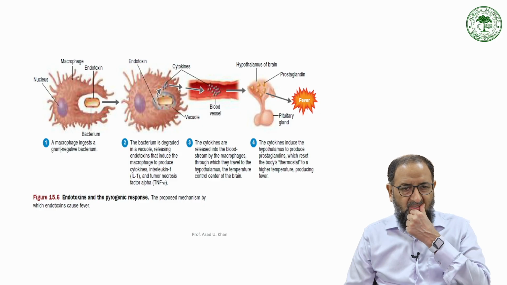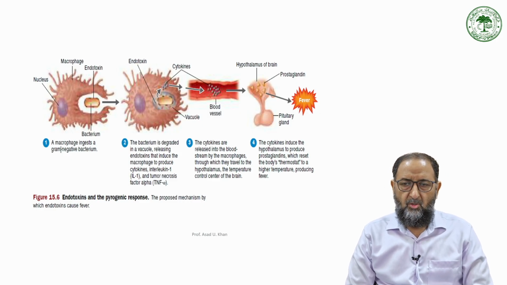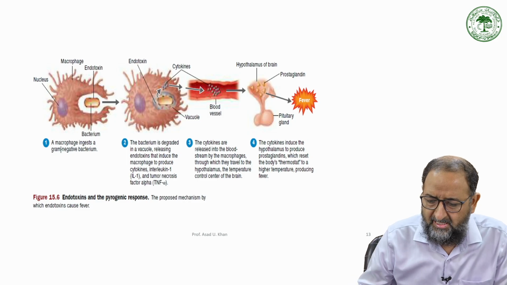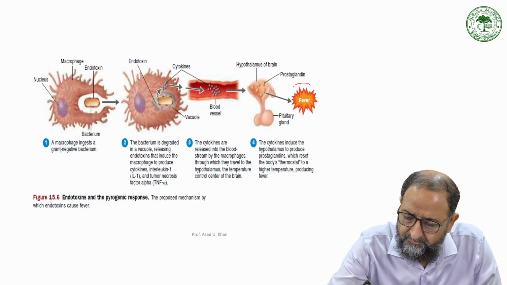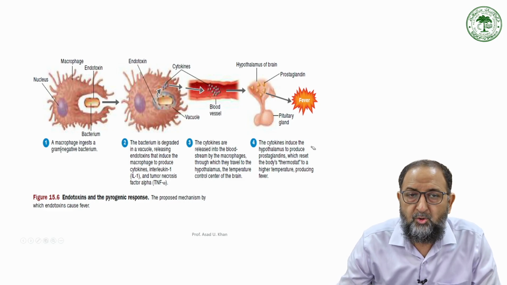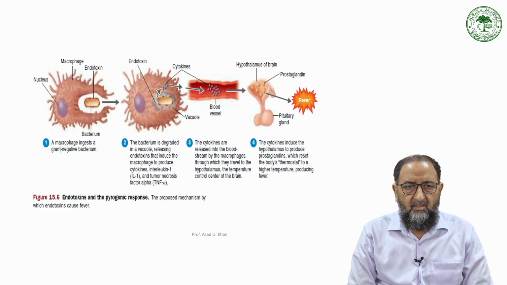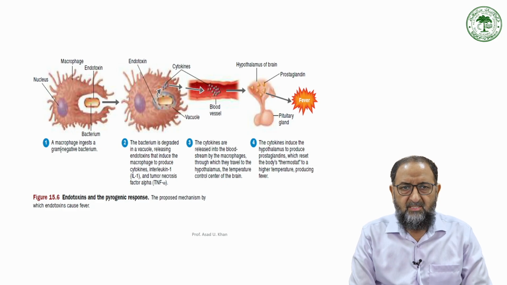Now, endotoxins and pyrogenic response. How does the endotoxin cause the pyrogenic response? Pyrogenic response means fever. Pyrogenicity means an increase in temperature. So basically the bacterium is engulfed by macrophages, and then endotoxins are released, right?